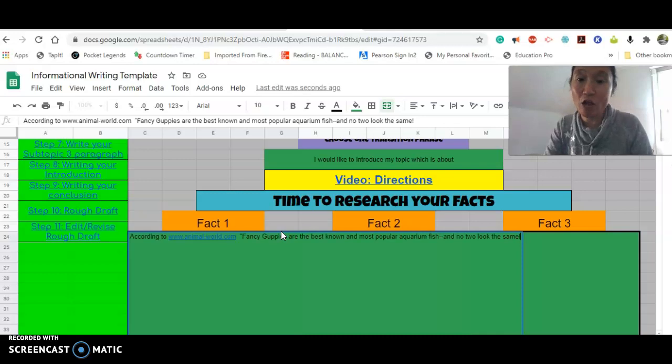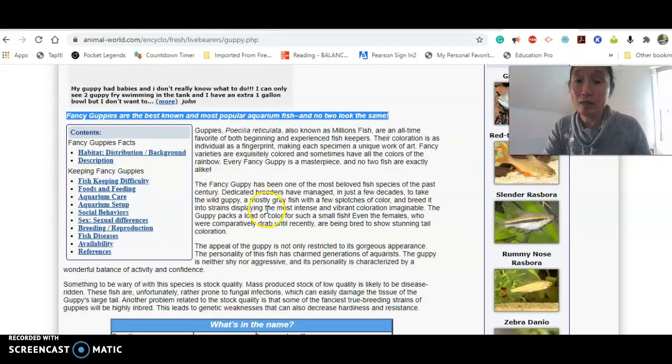The quotes mean that I've copied something. Quote, fancy guppies are the best known and most popular aquarium fish in the world, and no two look the same, end quote. And then I'm going to come back here and talk a little bit about them.